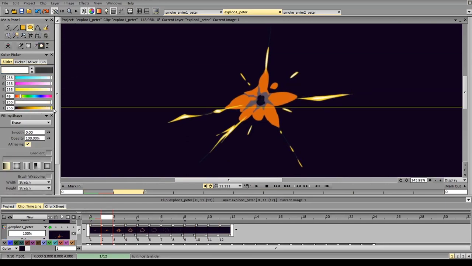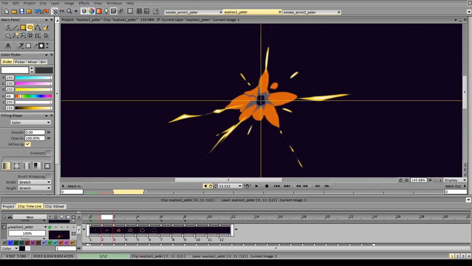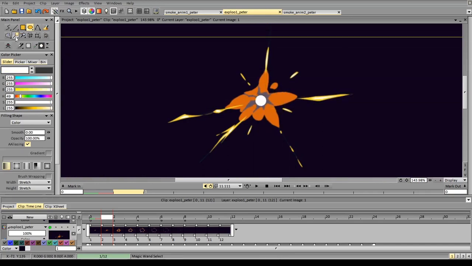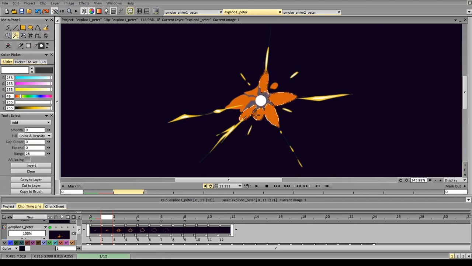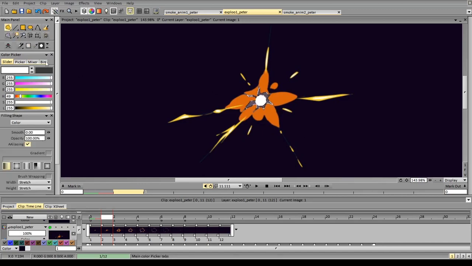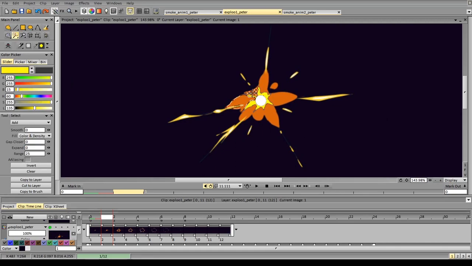We can add some brighter bits in the center. We can change up the color to make it more interesting and to indicate that the shapes are brimming with energy at the start of the animation.